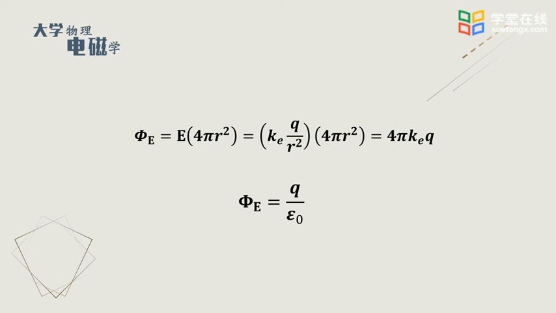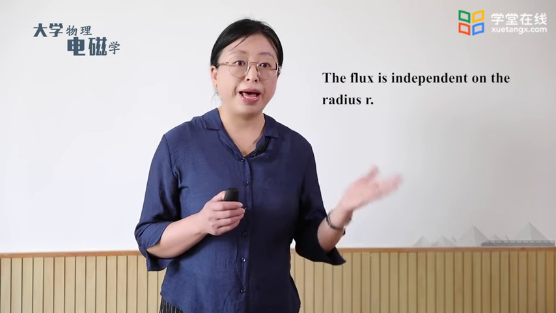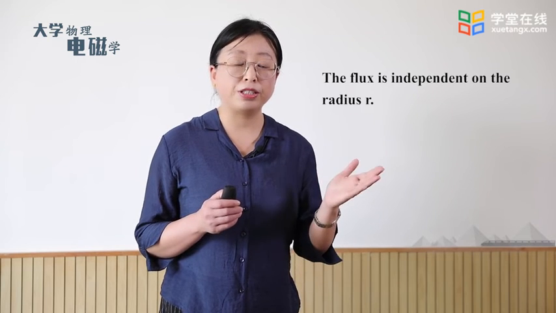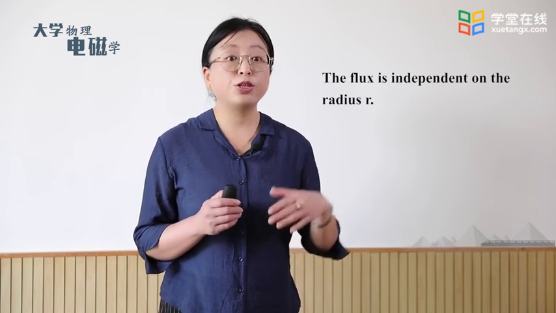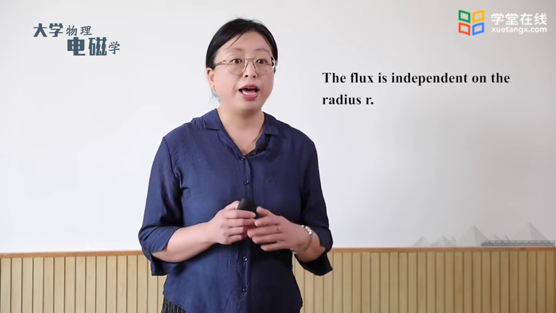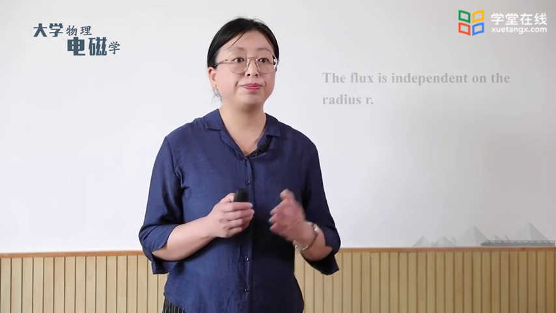This equation shows that the net flux going through the spherical surface is proportional to the charge inside the surface. We found that the flux is independent of the radius r because the area of the spherical surface is proportional to r squared, whereas the electric field is inversely proportional to r squared. Therefore, in the product of EA, the dependence on r cancels.